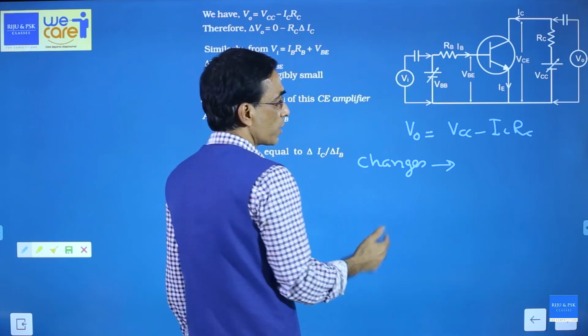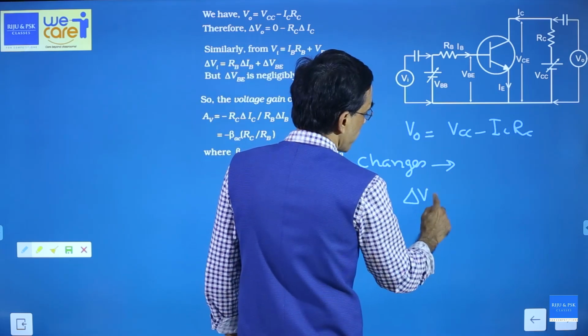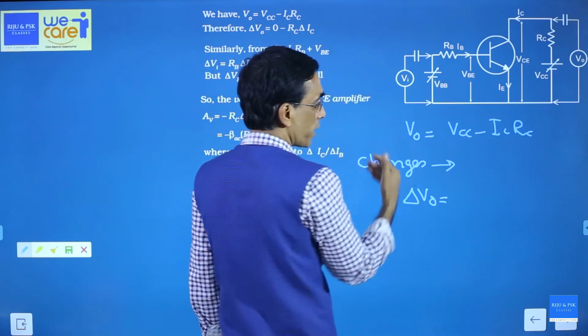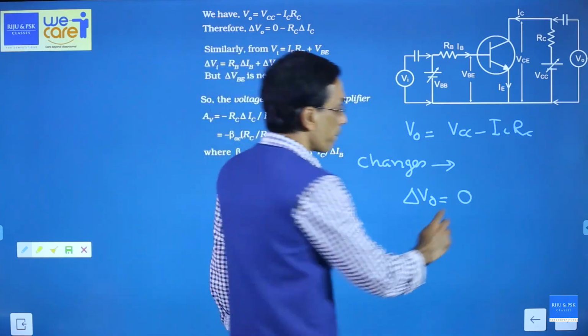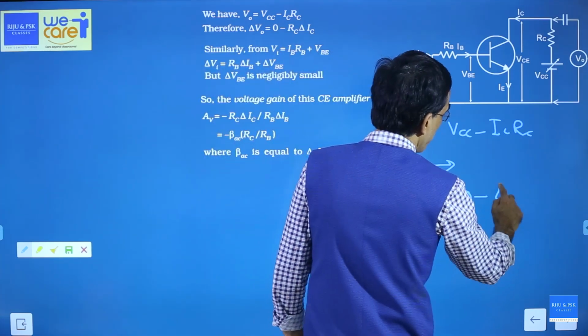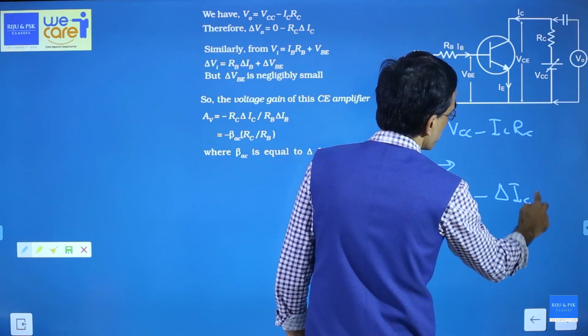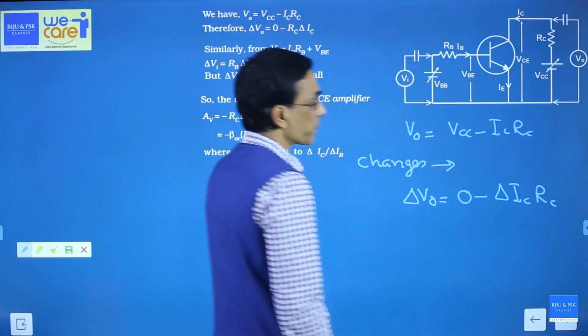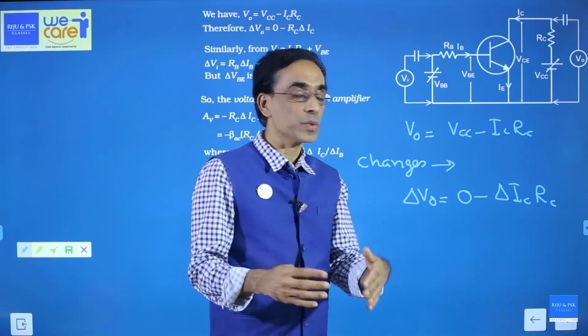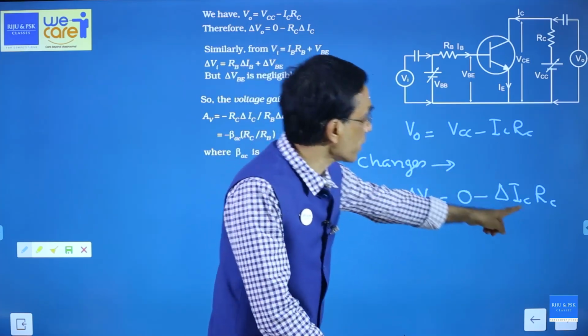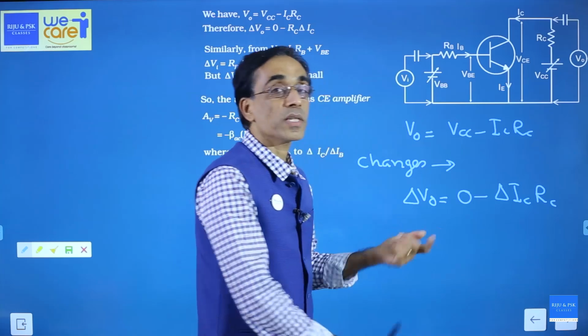The output voltage can change, delta VO. I am differentiating it, this will become 0, that means VCC will not change, minus delta IC RC. In this, only collector current will change but the resistance will not change. So this is a derivative of that first equation, which tells you that when collector current changes, the output voltage changes.